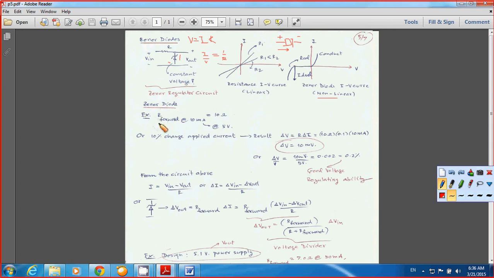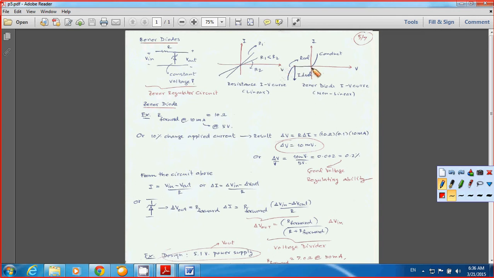Okay, just for example, if I have R forward, take a look at this one. The difference between the resistance of a resistor and the resistance of the Zener diode is that the resistance of a resistor is always constant. It never changes with the supply voltage.